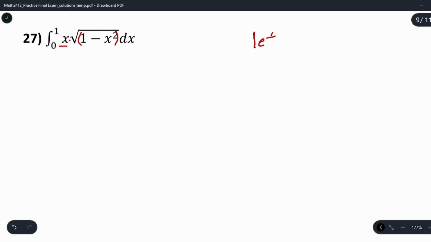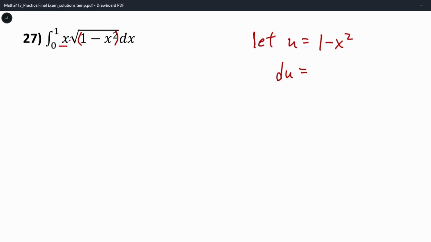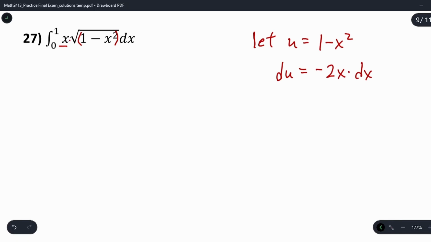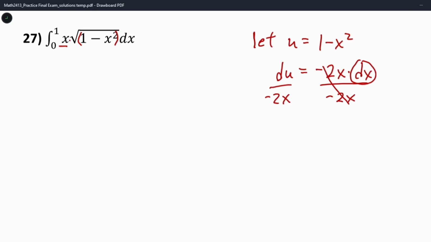Let's say let u equal the radicand, 1 minus x squared, the stuff under the radical, and then I immediately differentiate both sides, giving me du equals the derivative of 1 minus x squared, which is minus 2x times dx. Dividing both sides by negative 2x is going to tell me what I can replace dx with.